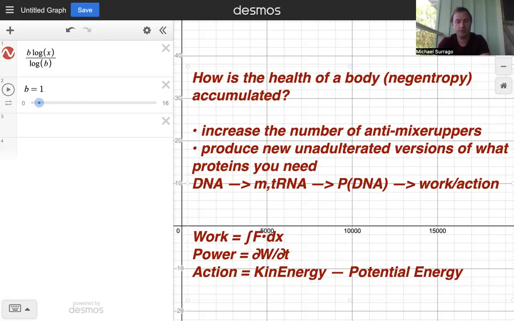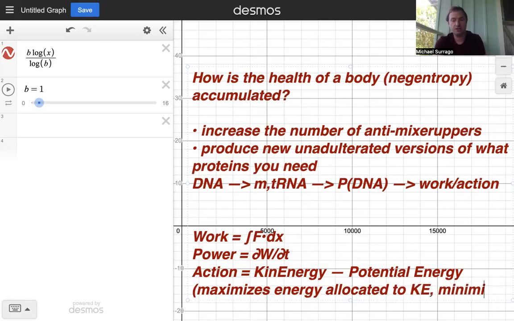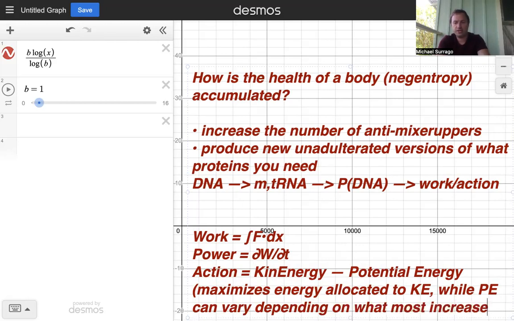energy. So this maximizes energy allocated to kinetic, minimizes while the potential energy can vary depending on what most increases the kinetic energy.